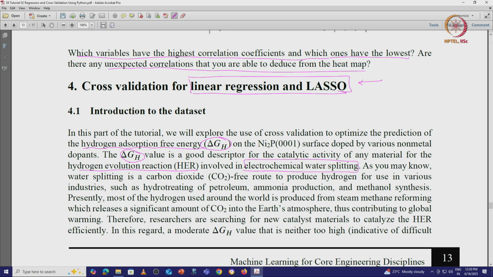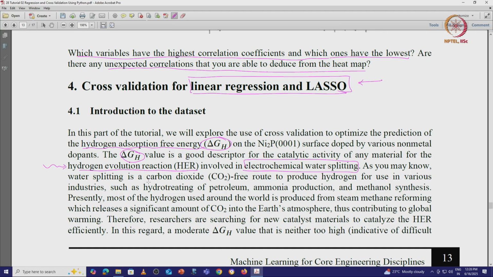When you split water, you evolve hydrogen and you evolve oxygen. So one of the reactions involved is hydrogen evolution, and in this part of the tutorial we want to develop an ML framework which can predict how well a catalyst will perform for water splitting.